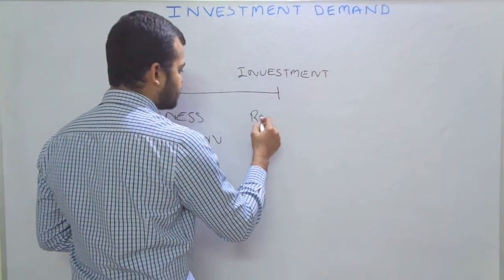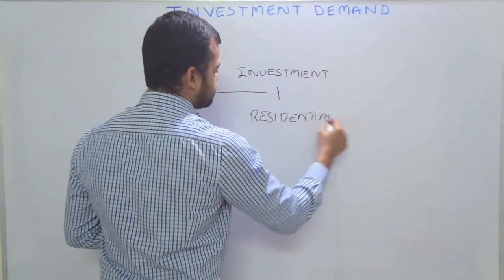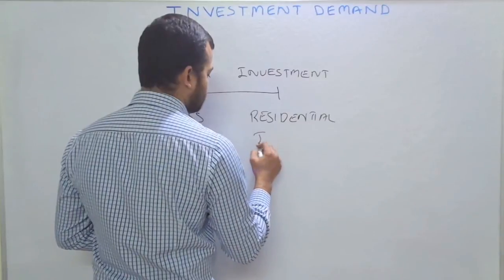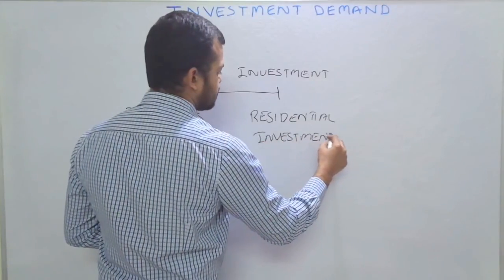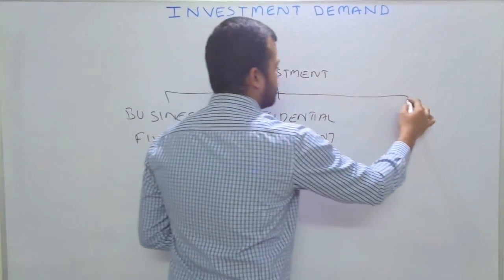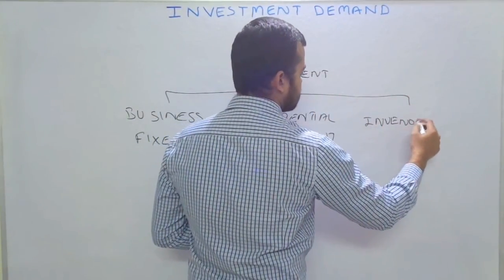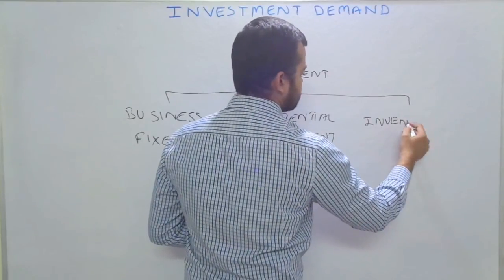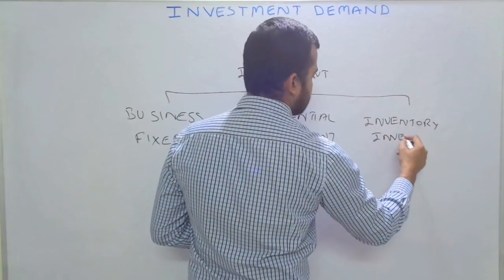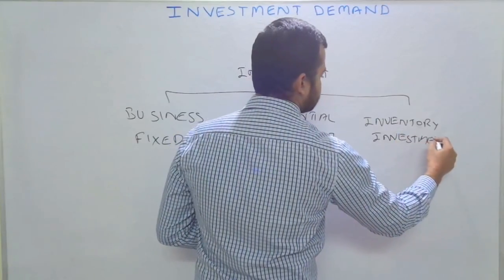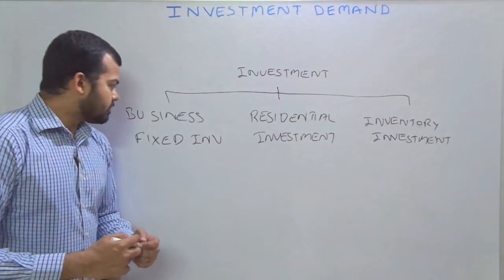The second one is residential investment. And the third one is inventory investment. Here we'll discuss these three one by one.